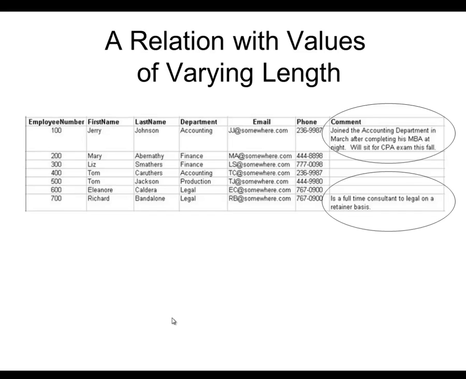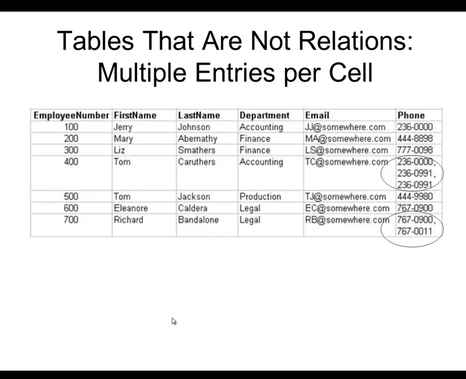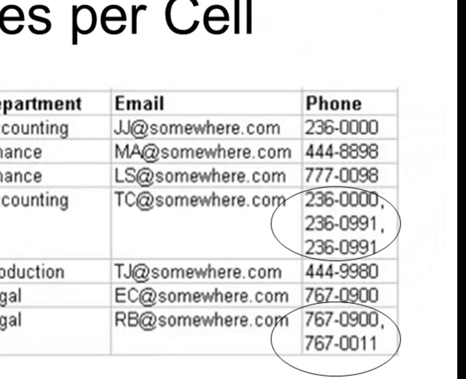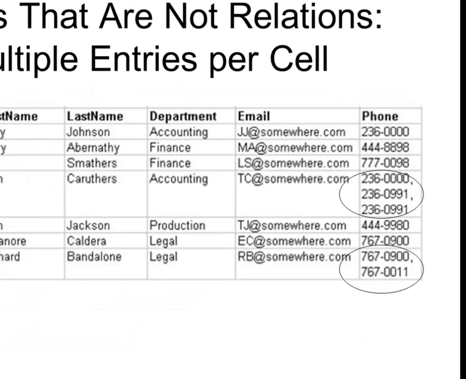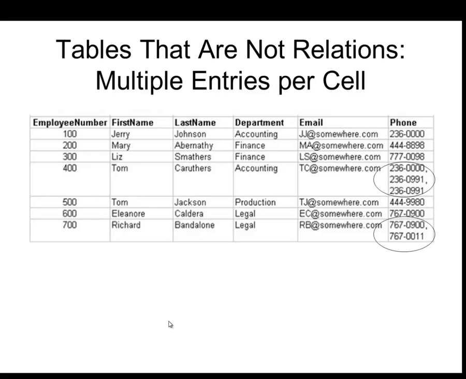So this is considered a relation with varying length values. While in this one, we have multiple values in the same cell, and that is not acceptable. That's why this is not considered a relation. It's a table, but it's not a relation.